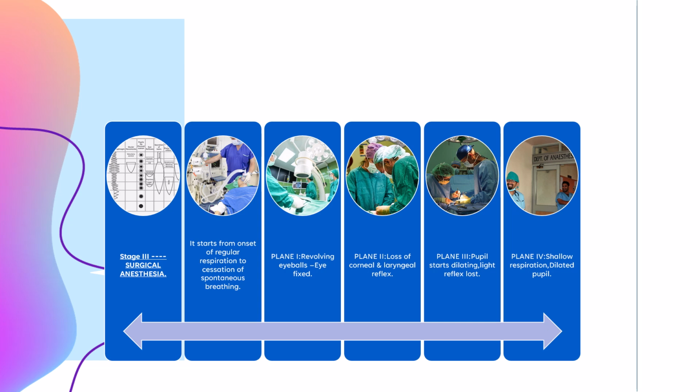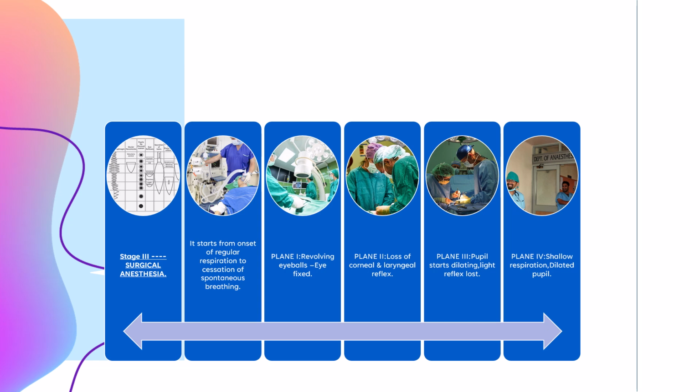Respiration and everything is coming back to normal, so the surgeons can gradually increase the anesthetic dose. Then it is again divided into 4 planes: plane 1, plane 2, plane 3 and plane 4.